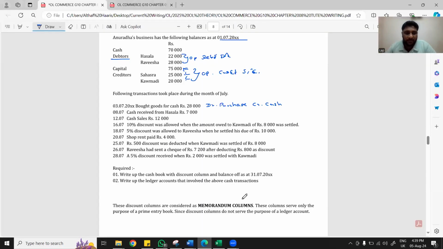Okay, the next transaction. Cash received from Hustler. Hustler is a debtor. You are receiving money from a debtor. So debit the cash, credit Hustler 7,000.